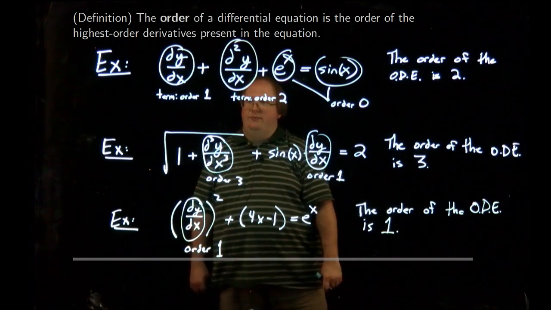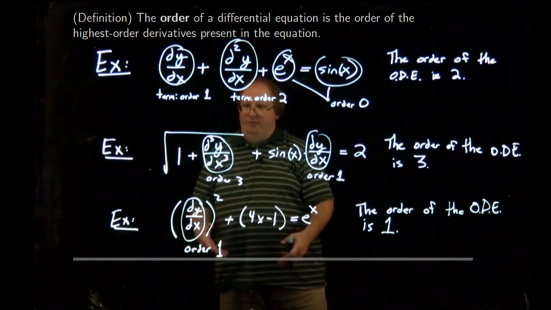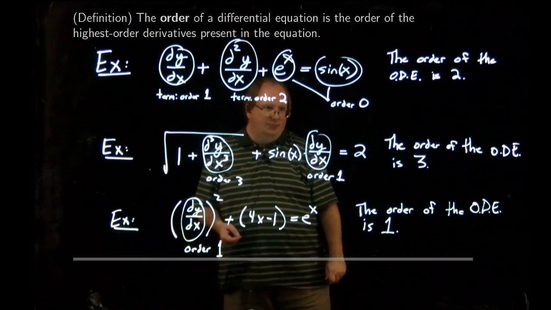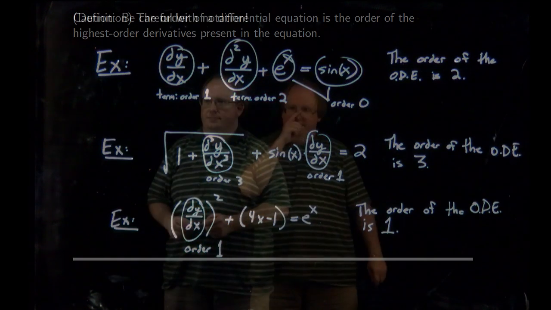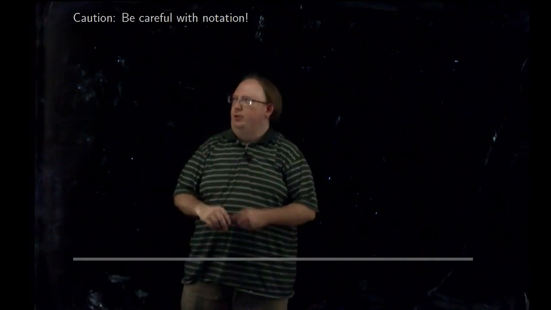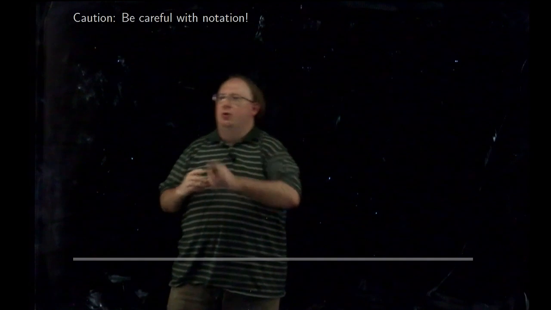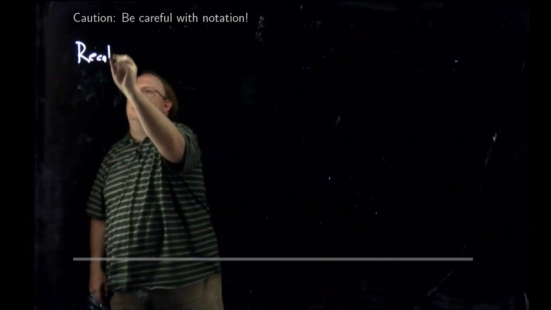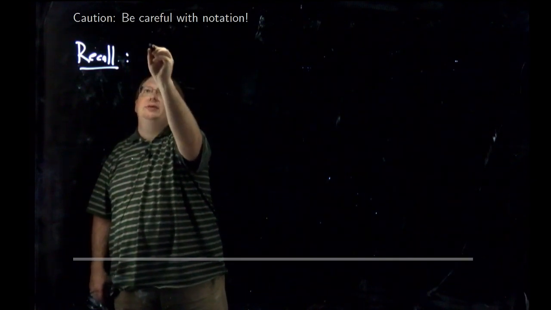So basically, you're just looking for the highest derivative that you'll be taking, or the derivative of the highest order. Now, please note, you want to be very careful with notation. So let's recall, and again, this is from Calc 1.